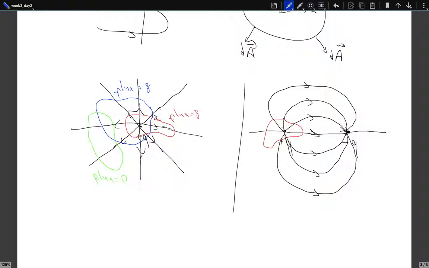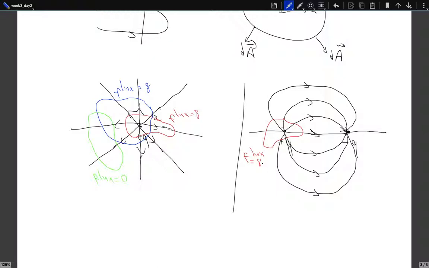All of them start from the inside and go outside, so all of them contribute +1. So the flux is 8. Well, it is just like this one. You see, although there is this minus Q charge on the other side, it didn't change the flux.